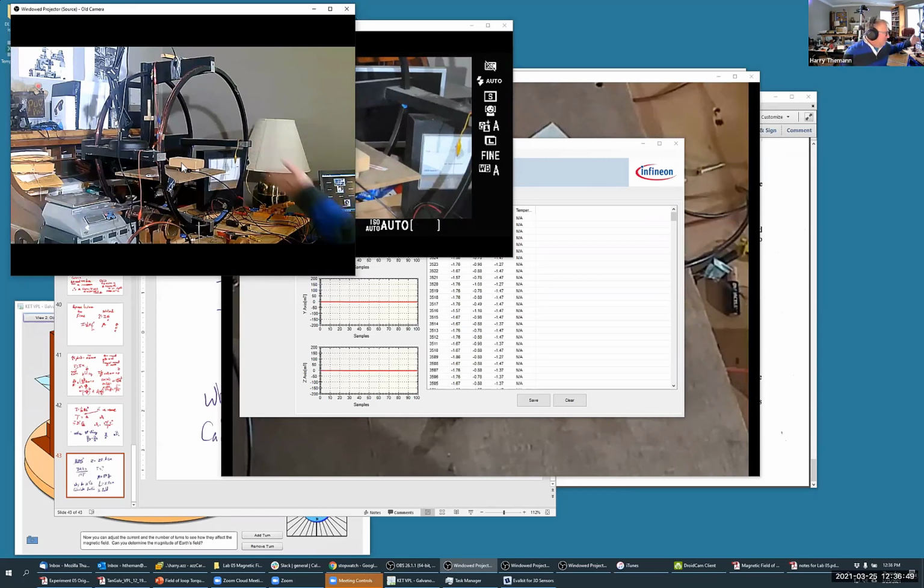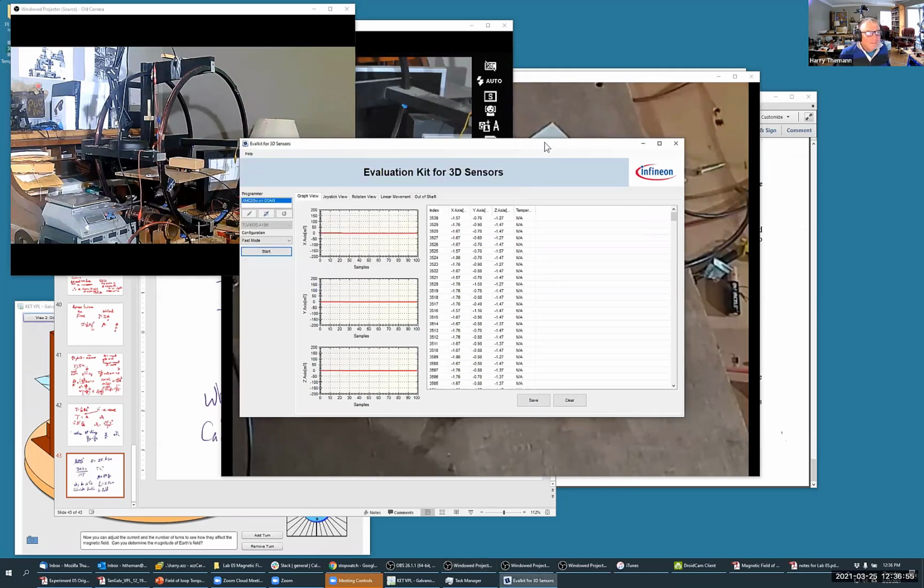So the X, Y, and Z are relative to that circuit board. So that means that one of these three, the vertical component, won't really be affected by turning on the magnetic field.